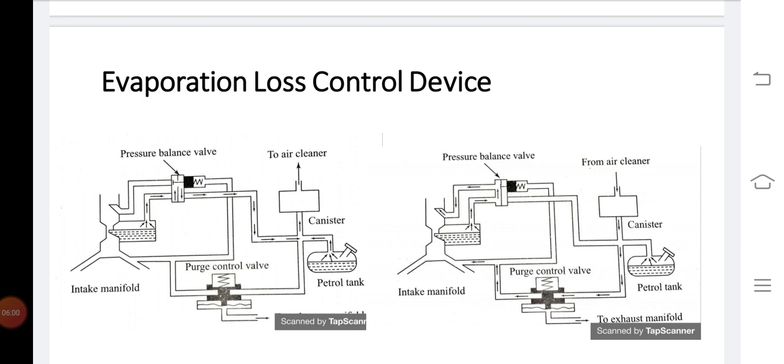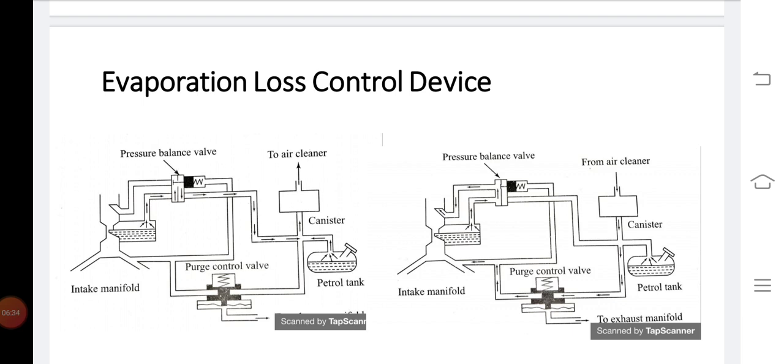The adsorbent chamber consists of a charcoal bed. Charcoal is porous in structure, and in that porous structure the fuel vapor can easily be deposited on the surface of the charcoal pores. The carburetor and the fuel tank are the main sources of hydrocarbon emission.